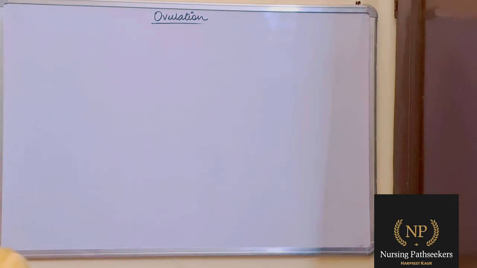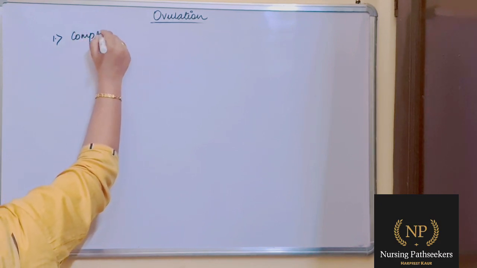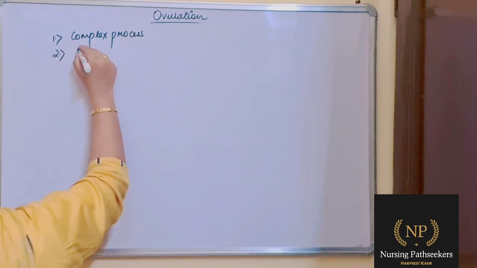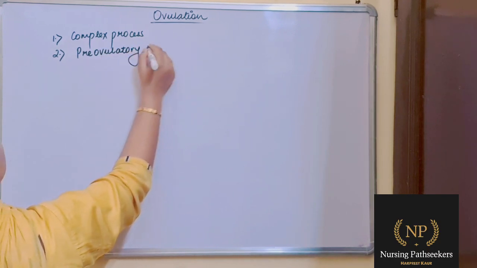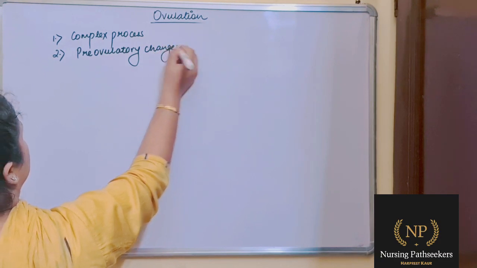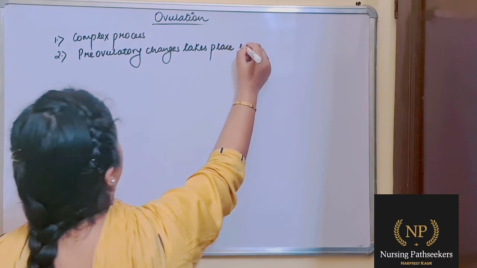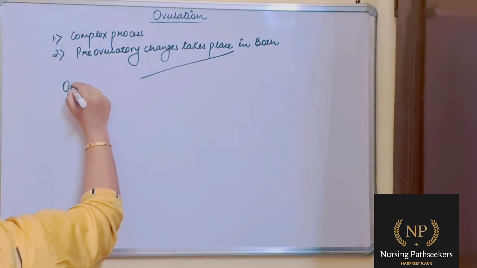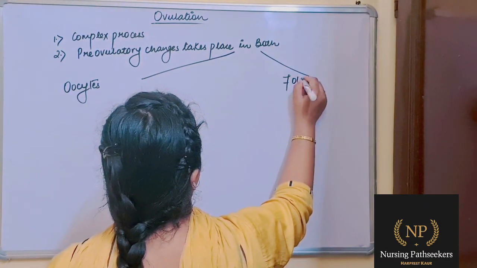Now let's have a look upon the process of ovulation. So what is ovulation? First of all, it is a complex process, right? Second thing, pre-ovulatory changes takes place in both oocytes and follicles.